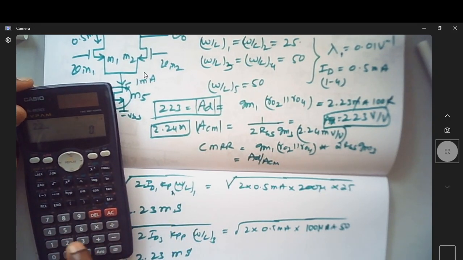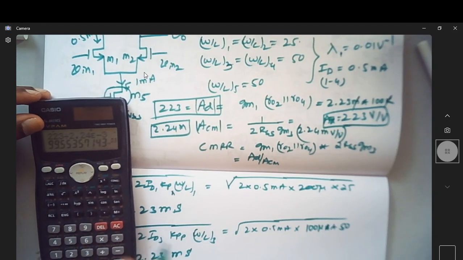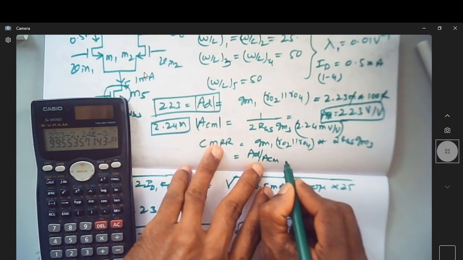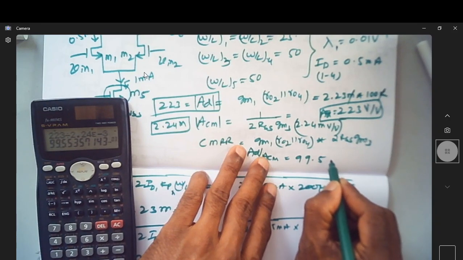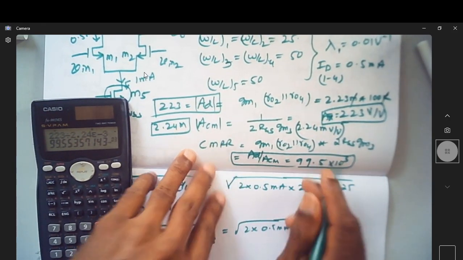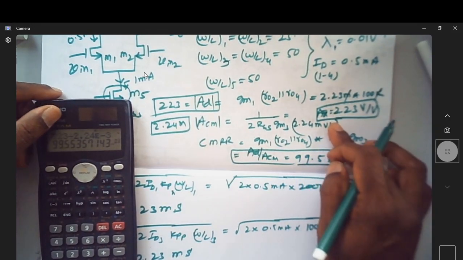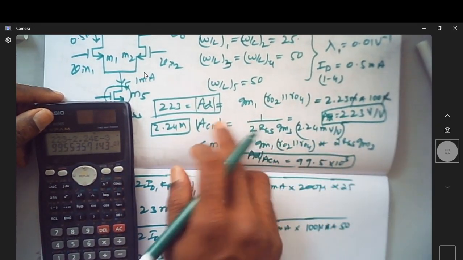Now 223 divided by 2.24 exponential minus 3, which is now, let me just do it, CMRR is 99.5 into 10 power 3. So this is my CMRR. It's a very large value, almost 100k, which is true here also. So if you multiply these things, you'll get the same value.